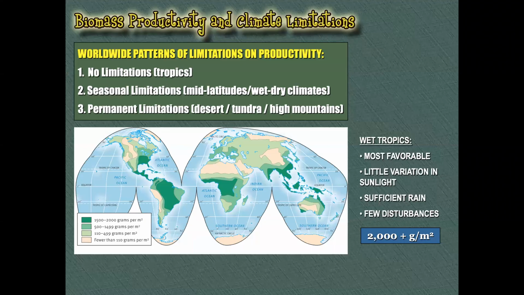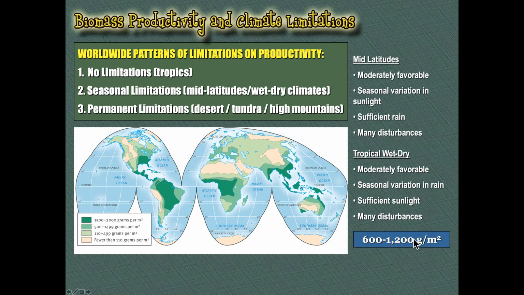Of course, if you think about the idea of productivity and climate relationships, in some places there are no limitations, in some places there are seasonal limitations, and in some places there are permanent limitations. So think about the idea of forests right here. Lots of NPP, very high. The mid-latitudes are somewhere in between.